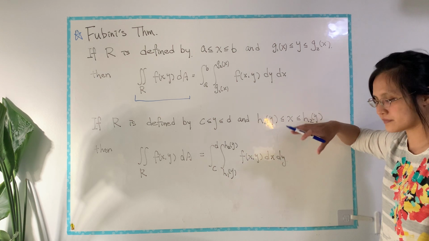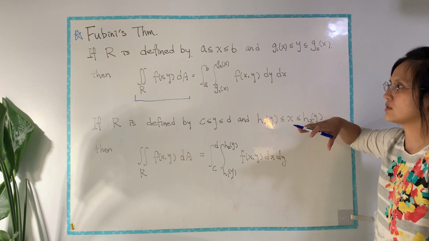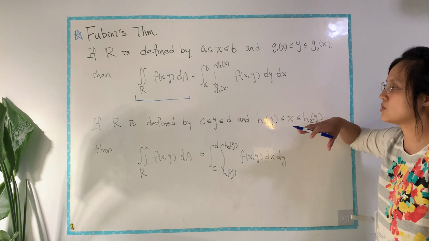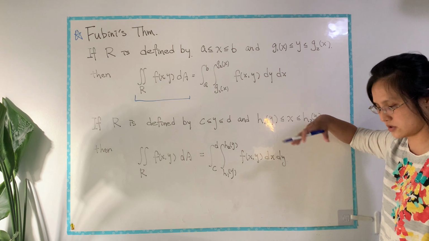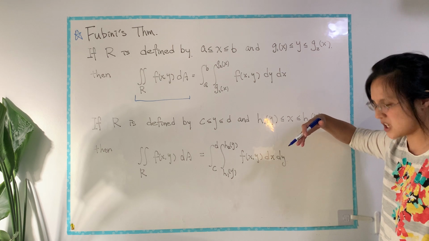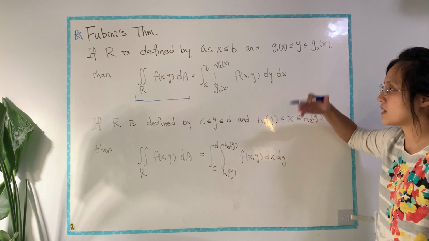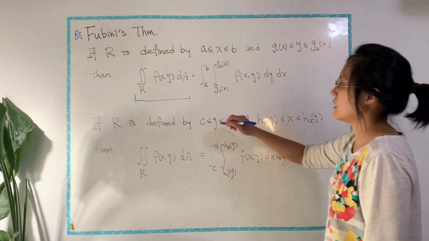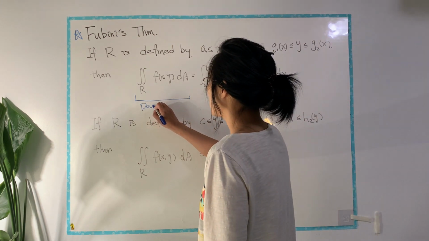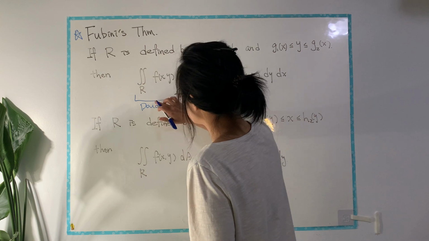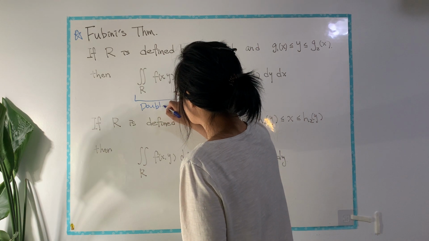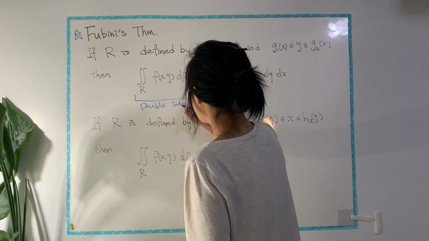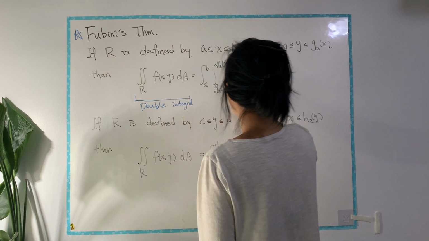And yet, we're trying to use an iterated integral, a different way to do the evaluation. Fubini's theorem tells you that you can use an iterated integral.